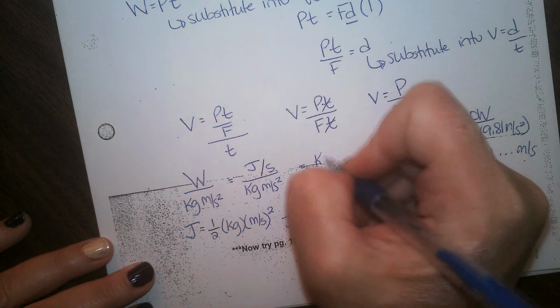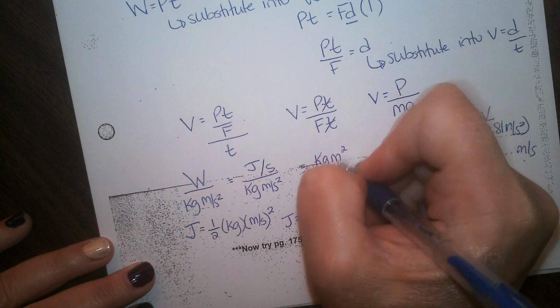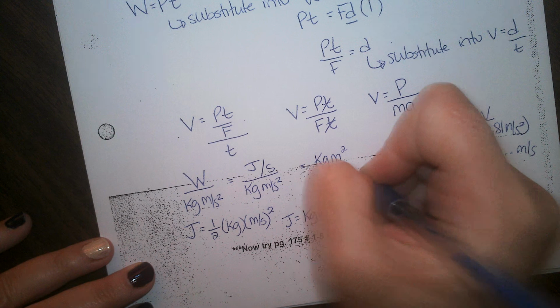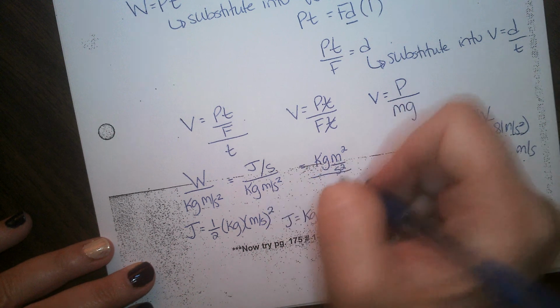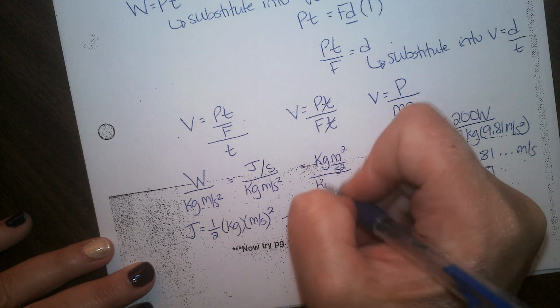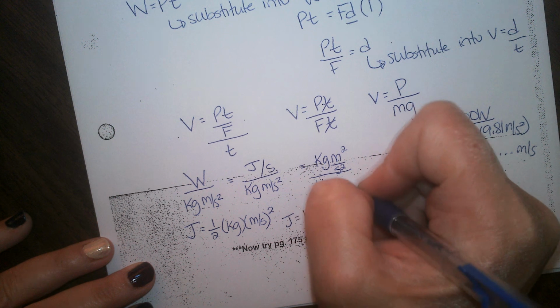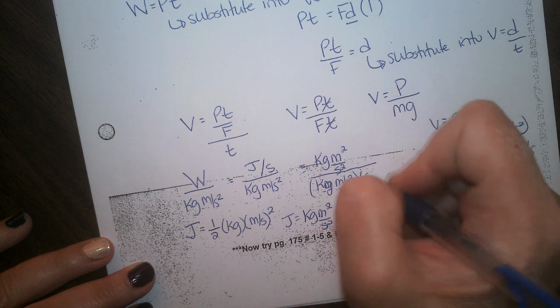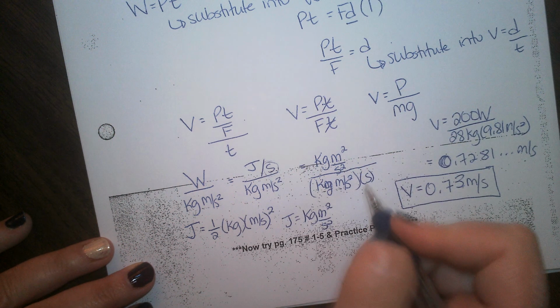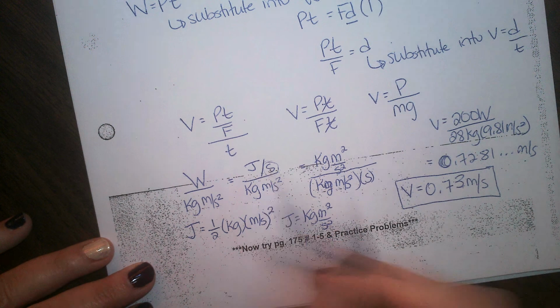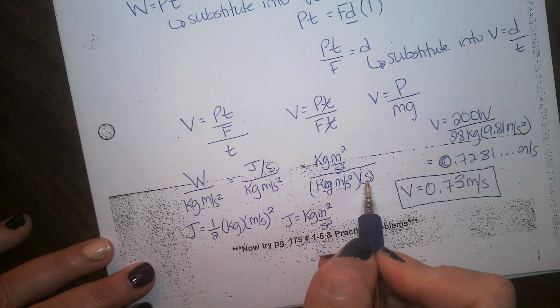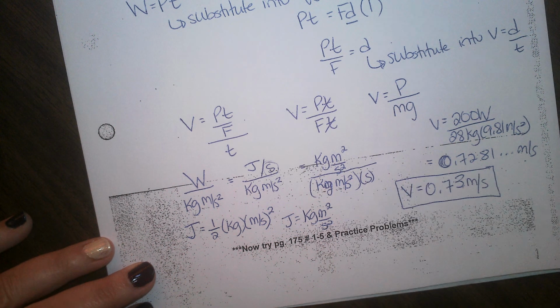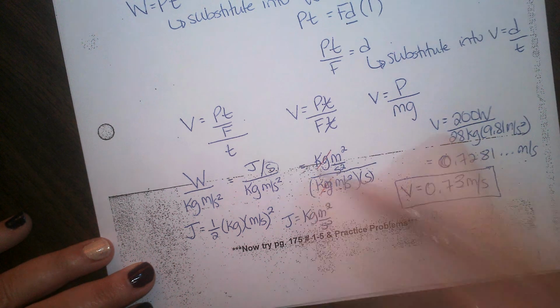So here I have kilograms meter squared per second squared per kilograms meters per second squared multiplied by this second. Okay? This second here is this second here. So my kilograms are going to cancel out. My kilograms are going to cancel out.